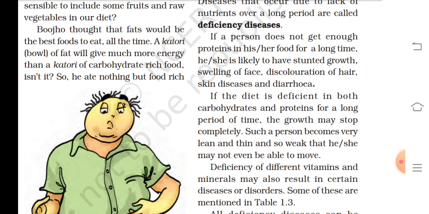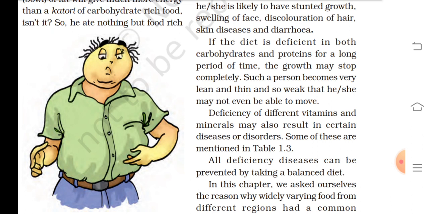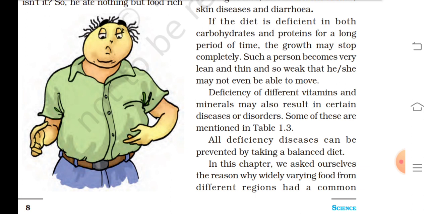If a person does not get enough proteins in his or her food for a long time, he is likely to have stunted growth, swelling of face, discoloration of hair, skin diseases, or diarrhea. If the diet is deficient in both carbohydrates and proteins for a long period of time, the growth may stop completely.